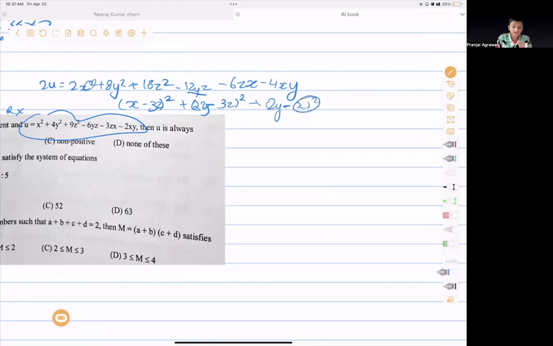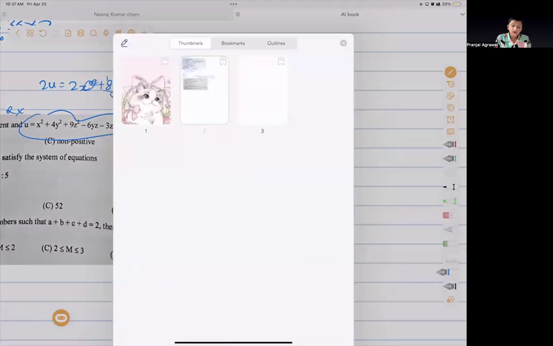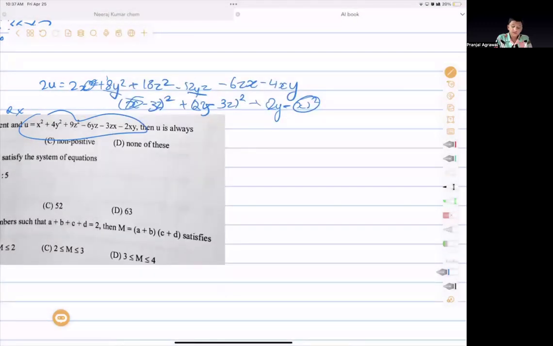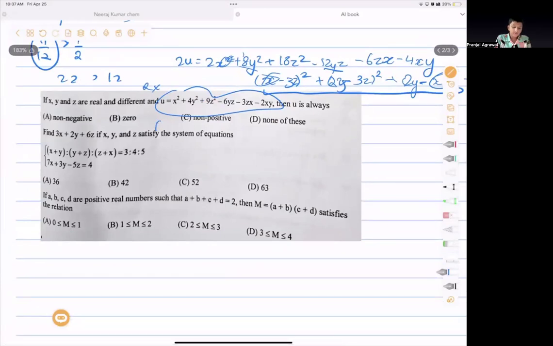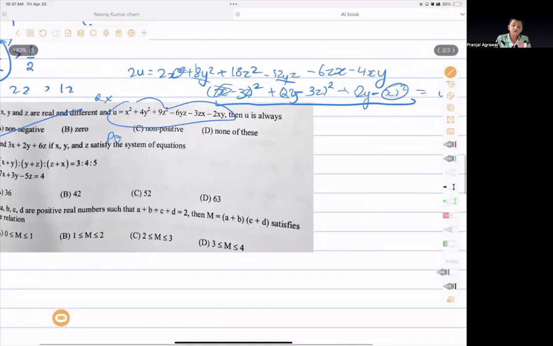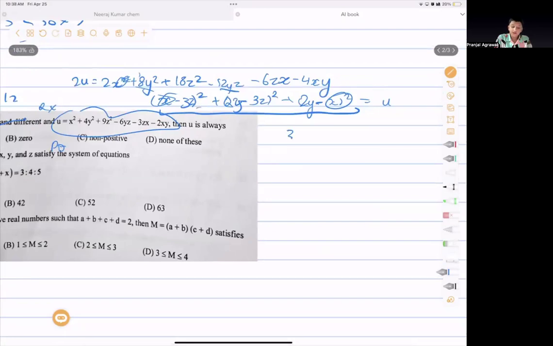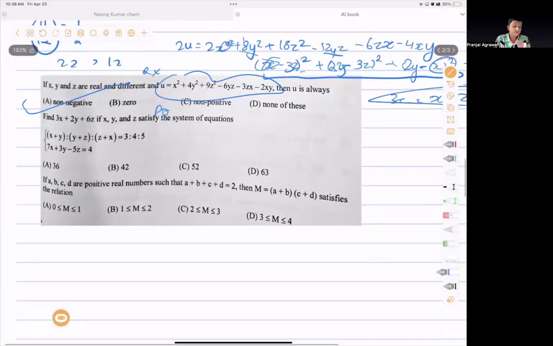You can see x square, 8y square, 12, so this satisfies. Now you can divide this by 2, so you will get 2u. We know that these are real, so this will be greater than 0. If you divide something greater than 0 by a number greater than 0, you'll always get something greater than 0, so it will be positive or non-negative. It can also be 0, because if 3z is equal to x is equal to 2y, then this will become 0. So non-negative.